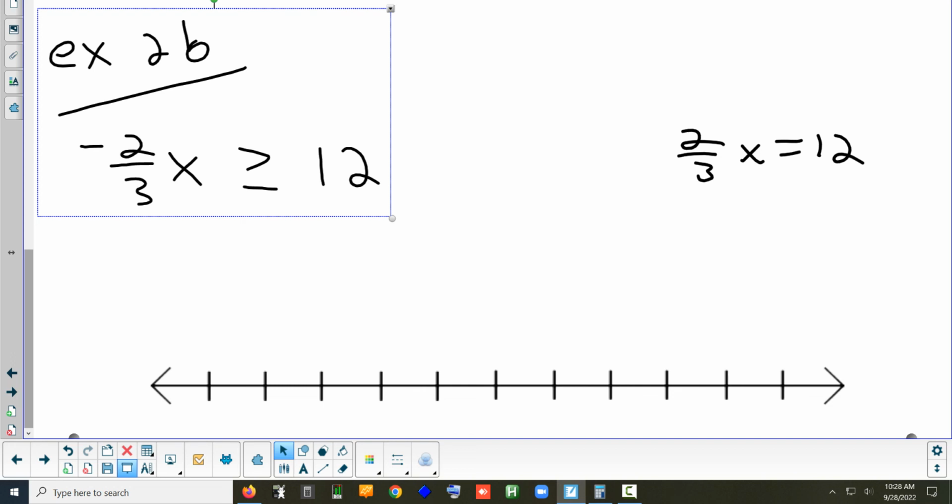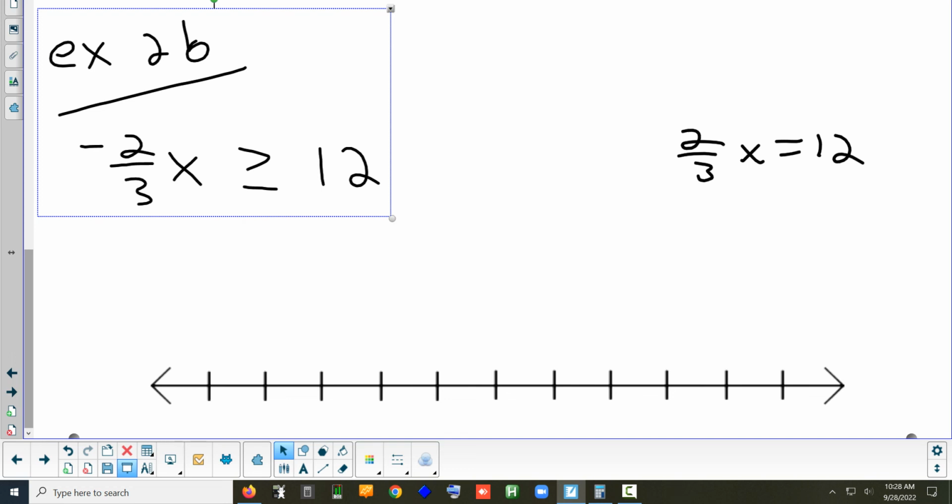Whenever you have a fraction next to a letter, what do you do on both sides? It might be a flip change, but I think I'm thinking of the wrong thing. One of those words you said might be involved with what we have to do. Yeah? Use the reciprocal. Reciprocal, which means to flip, right?